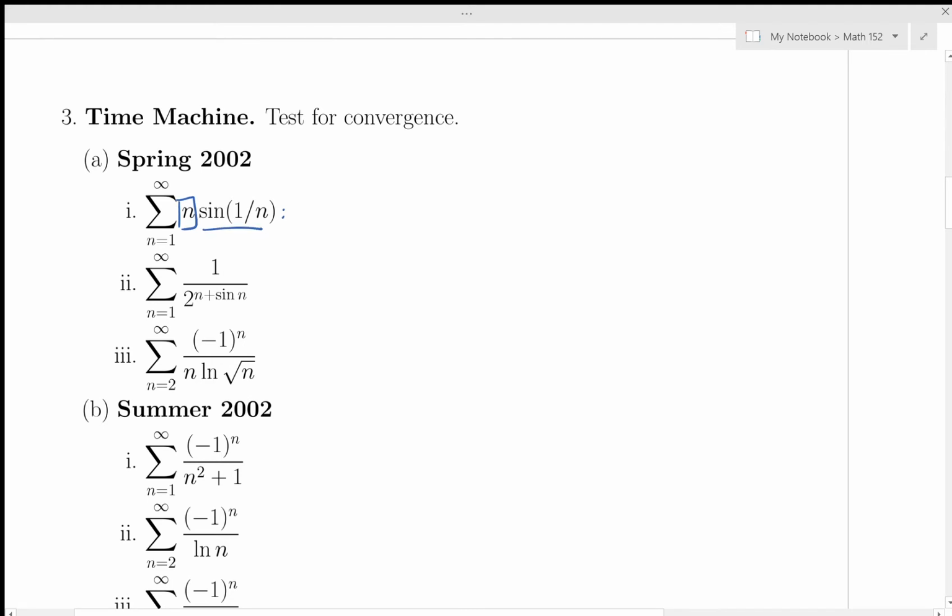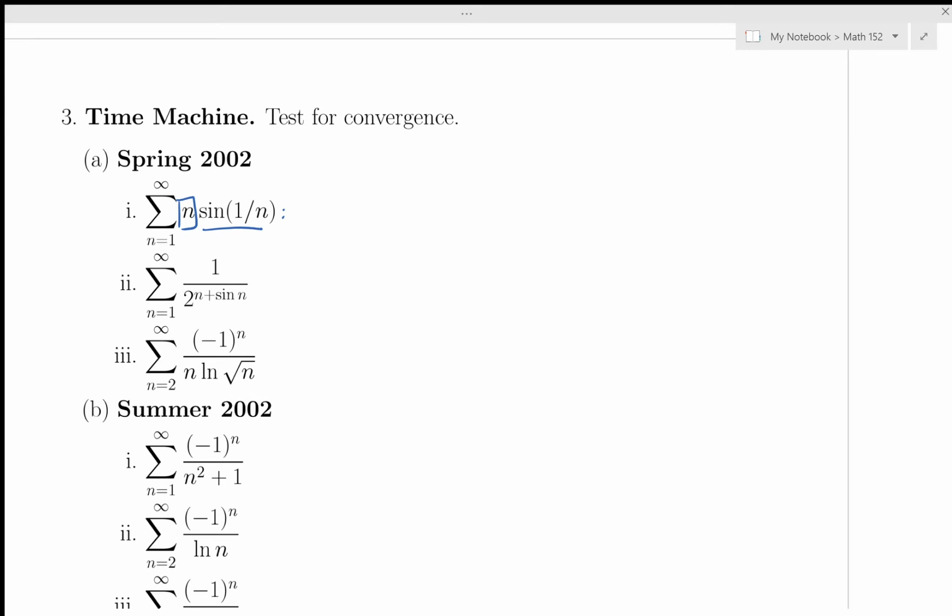This is bounded. I'm guessing right away that this diverges because it doesn't look like the terms approach 0, because we have sine of 1 over n, which is bounded by 1, and then we're multiplying that by n, which is completely unbounded when n gets large. So I'm guessing that this thing is going to diverge.